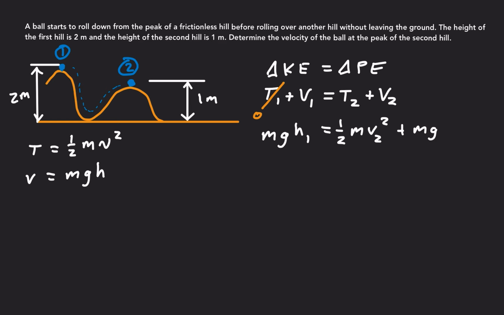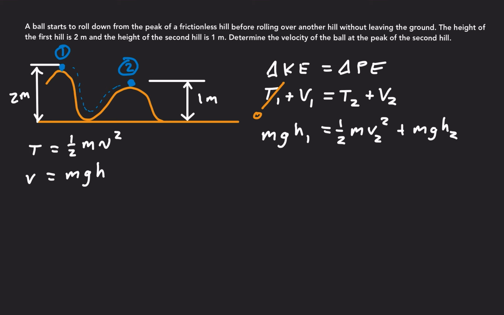plus m g h2. Now you'll notice that we weren't given a mass of the ball in the problem statement, and that is very telling because the mass actually doesn't matter in order to solve this problem.